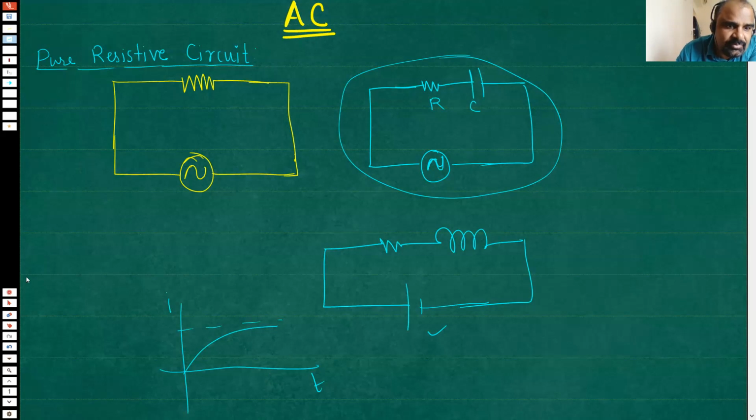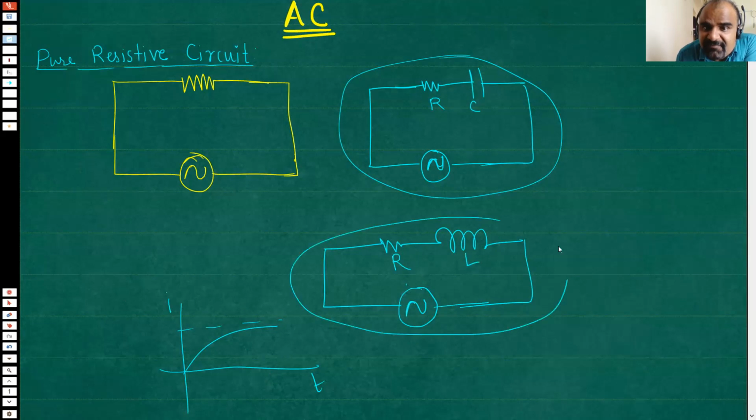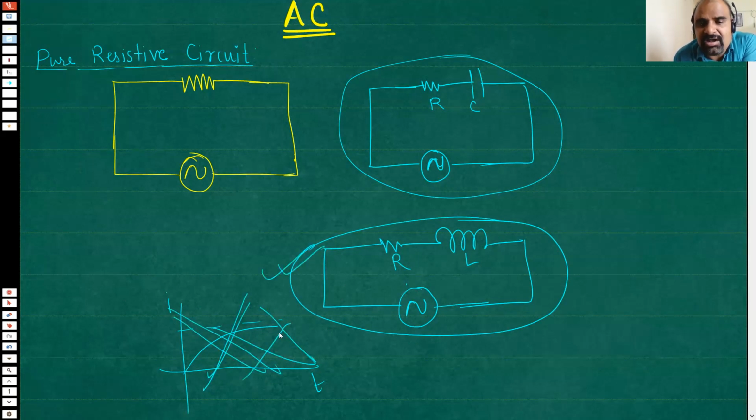But if you replace the DC source by an AC source, now it is the same LR circuit, but it is very, very different. It is completely different from this. Now this will not be the current time graph and all that. We have no idea how this circuit will behave, because we have not studied it yet.